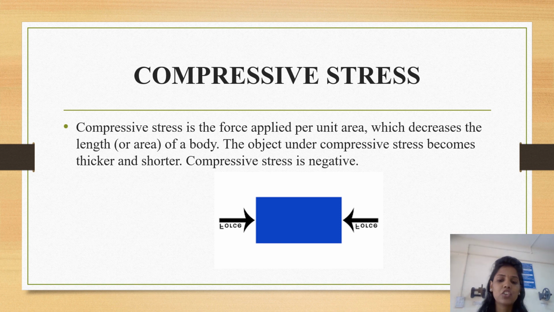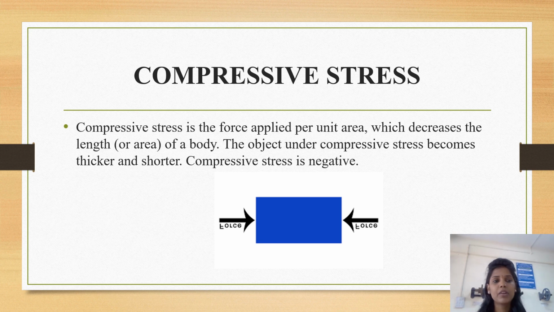It is also called the push load, because due to this compressive stress the length of the body decreases. It compresses the body in the inner direction. That's why the compressive stress is always negative.